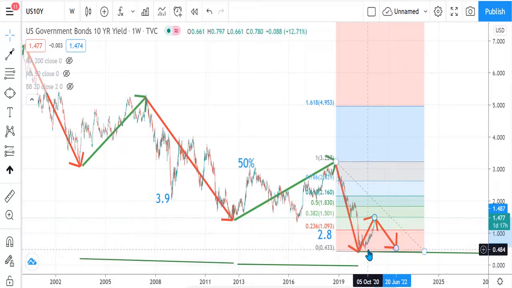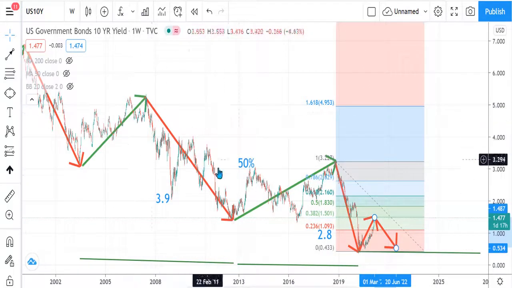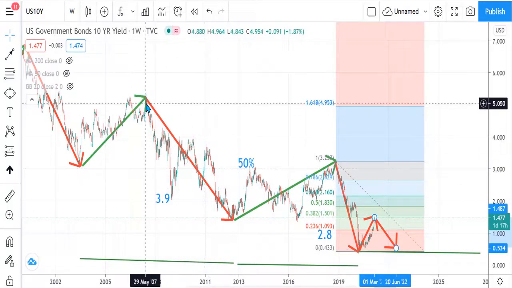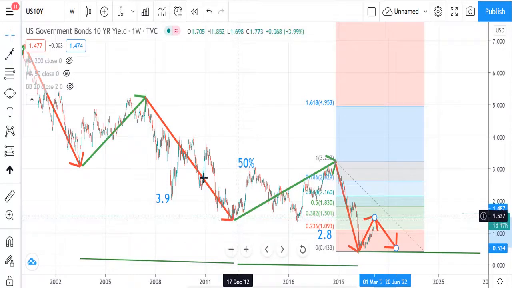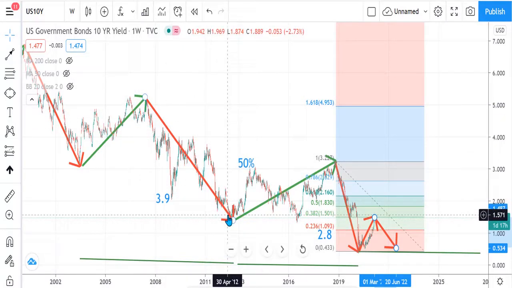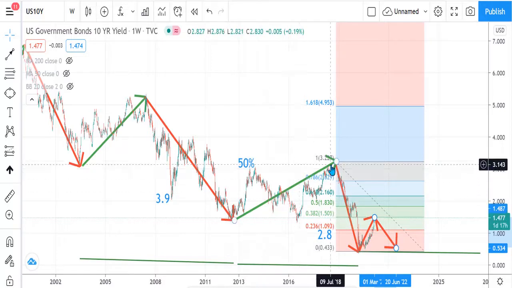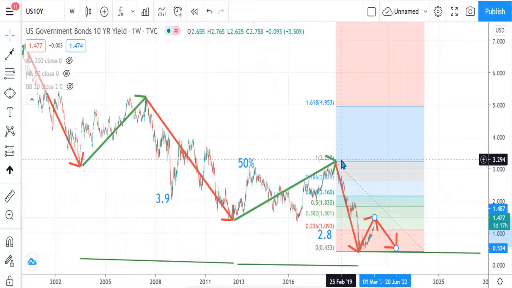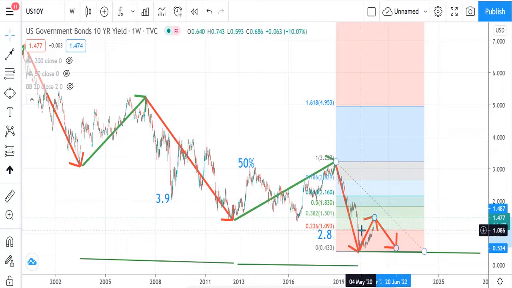So that's what supply and demand says. When it goes down, there's a supply, that's why the yield went down. When there is a demand, the yield moves up. So at the up point there was a 50% demand for it to move up. Then when it goes down here, there's a supply, then it moves up again.